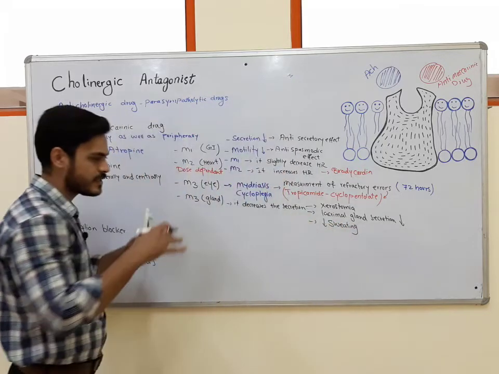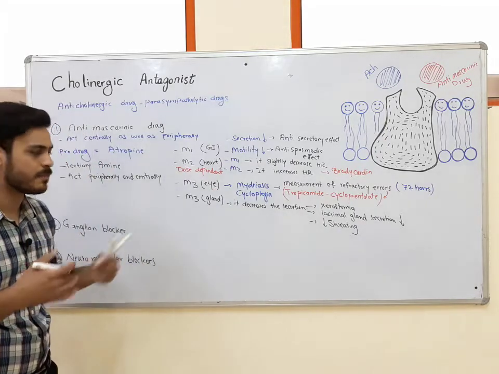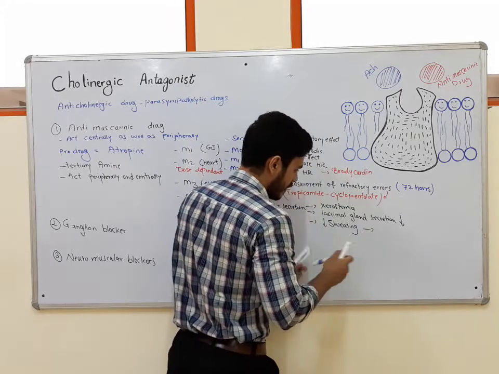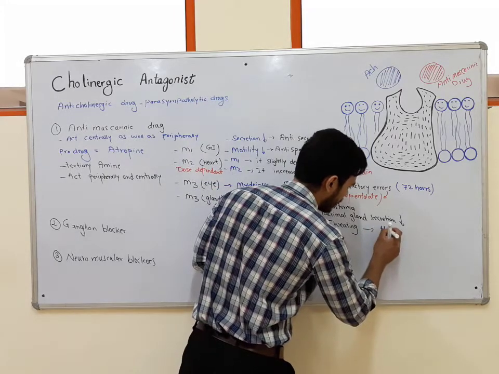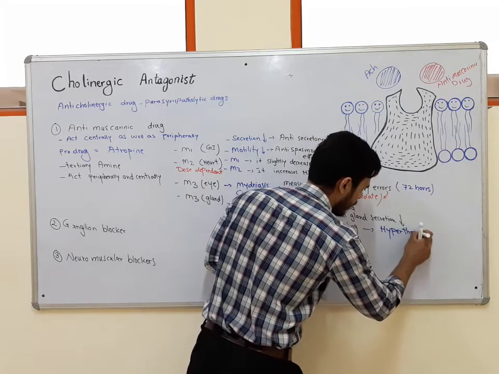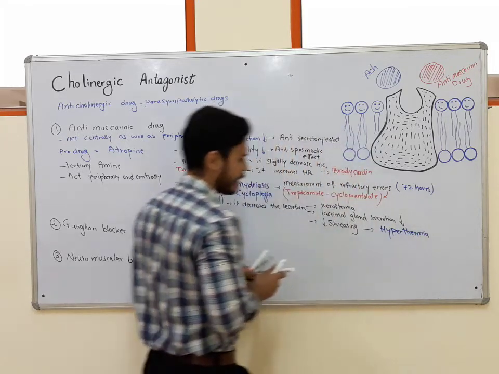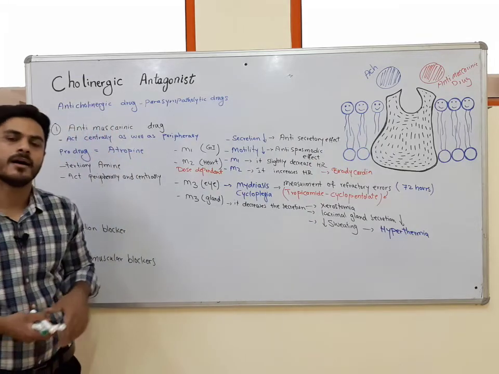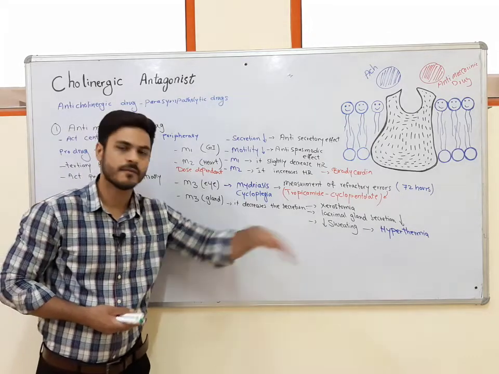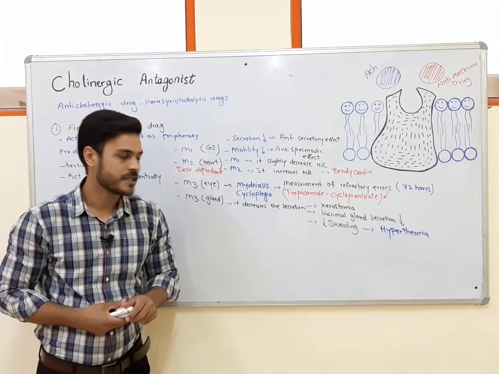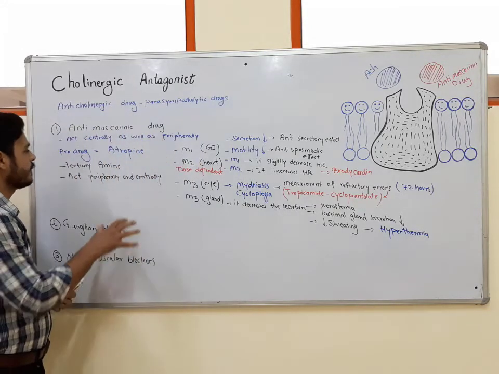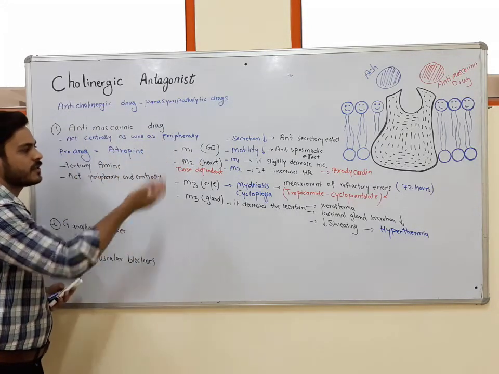When we decrease the sweating, the body temperature will increase, and that will lead to hyperthermia, which is dangerous for children as well as elderly patients. So atropine is contraindicated for children and elderly patients because it can cause hyperthermia. This was the action of atropine when we give it to any patient.